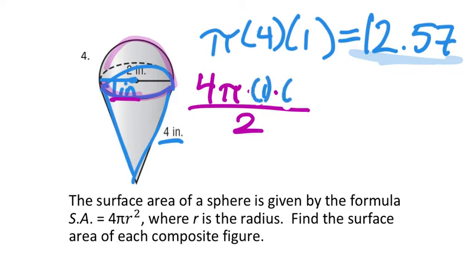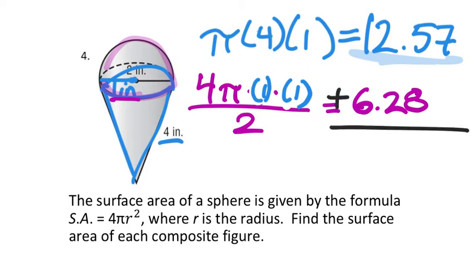So times 1 times 1. And this will tell us the full surface area of that half sphere. So 4 times pi times 1 divided by 2. I don't want 2 pi, but changing that into a decimal, I get 6.283, so I'll just make it 6.28.